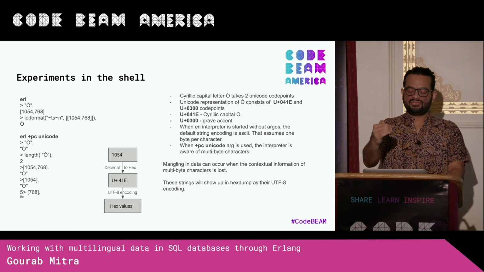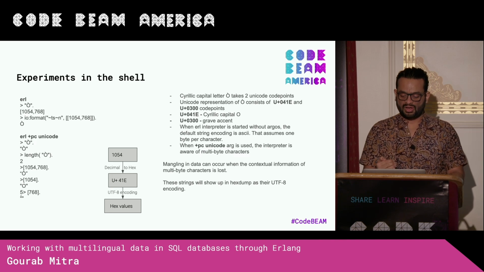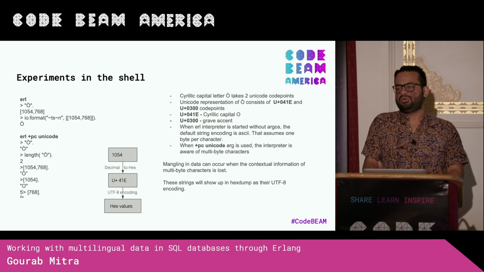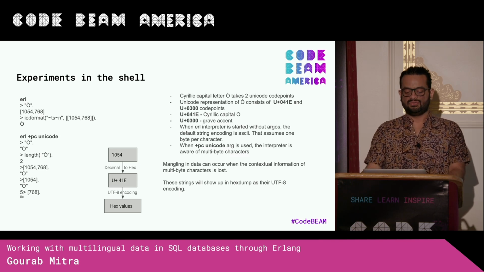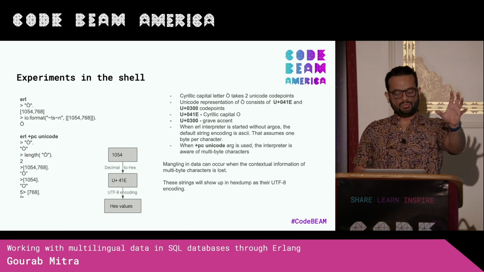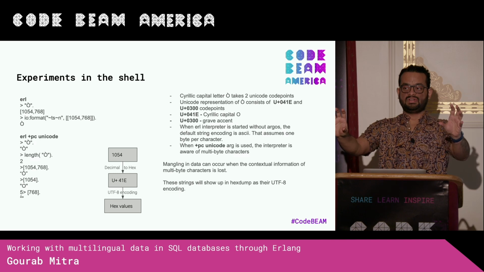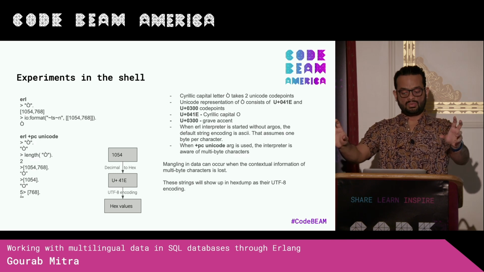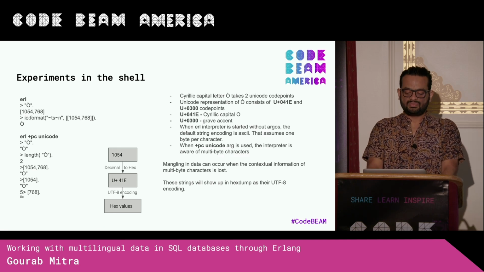So that 1054 is a decimal representation of the Unicode code point 41E. 41E is simply the hexadecimal representation of 1054. So if you look up a Unicode table for U+041E, it represents Cyrillic capital O. But oh no, that was not our original character.